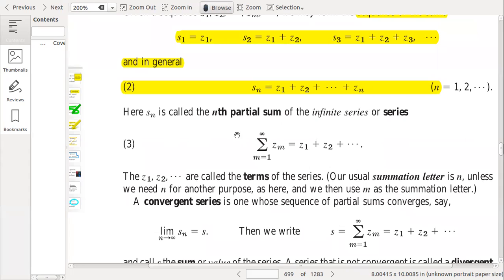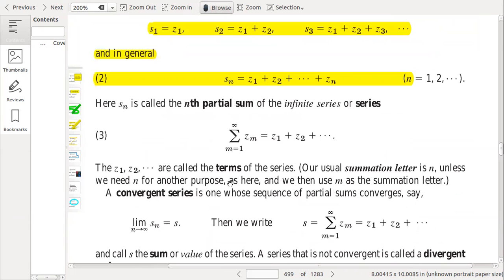That is why we can write the sum from m equal to 1 to infinity of Zm as Z1 plus Z2 and so on. Z1, Z2, and so on are called the terms of the series.